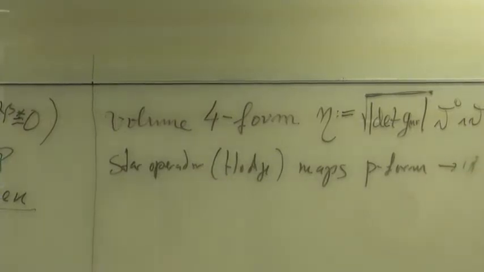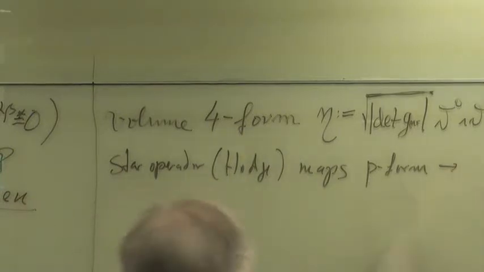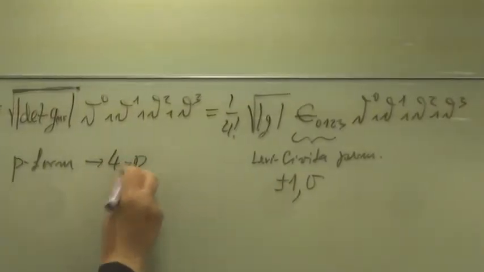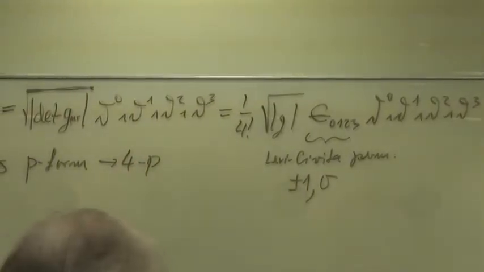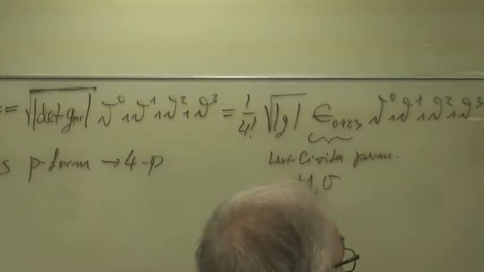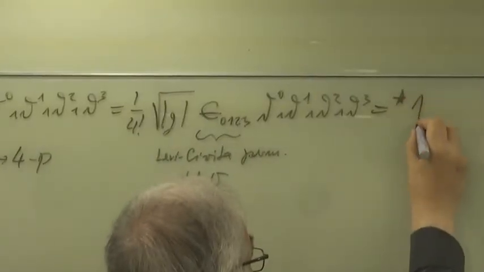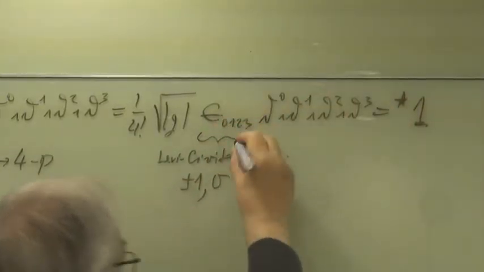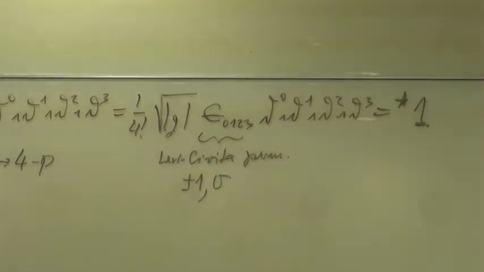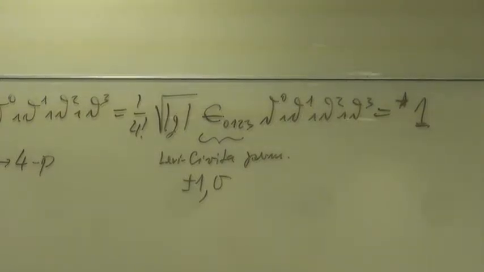I'm restricting myself in this lecture to 4 dimensions. So this can be written really as the Hodge operator applied to 1. The Hodge operator is always characterized by an epsilon. I'm not going into details.